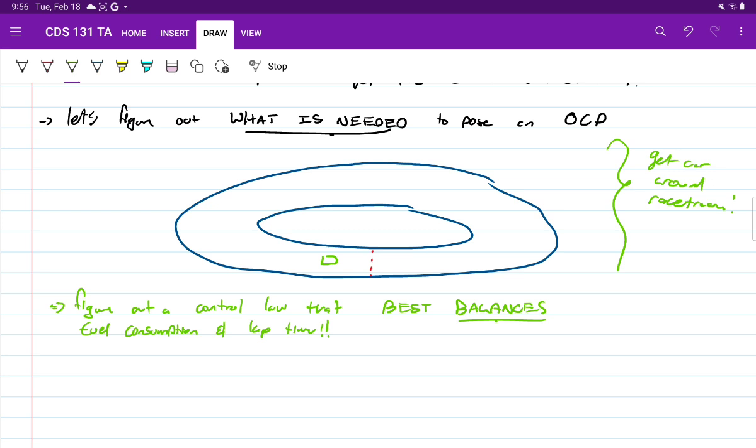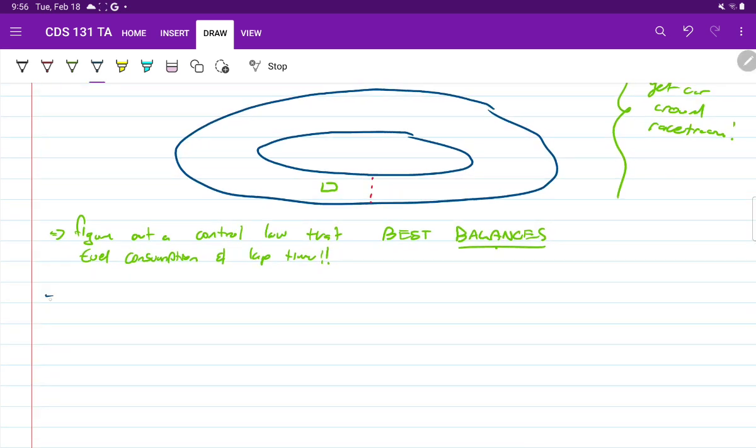Well, first, I need to specify the basic setting for this problem, right? So what I need, very, very basic setting, is a dynamical system, right? D, which is representing the car. All right.